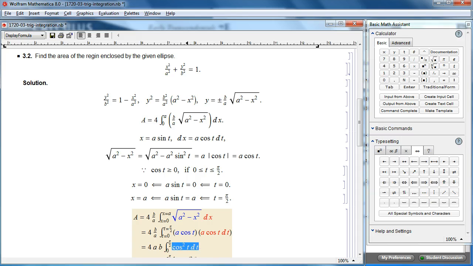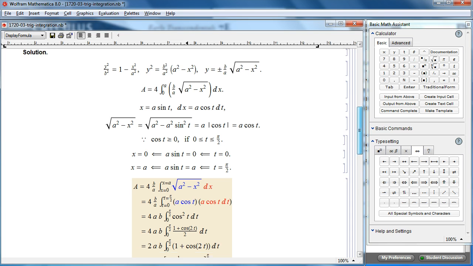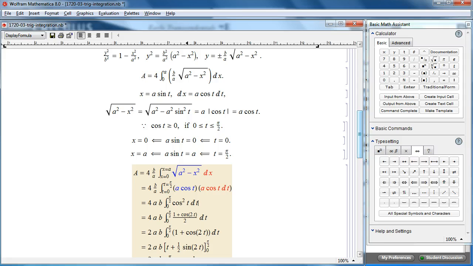Now, the integral of cosine squared, we have done this before many times, actually back from calculus 1. How do we handle this? We use the power reduction formula, 1 plus cosine of 2t over 2, and apply the antiderivative formulae, and we have this expression, t plus 1/2 sine of 2t. I'm missing something.